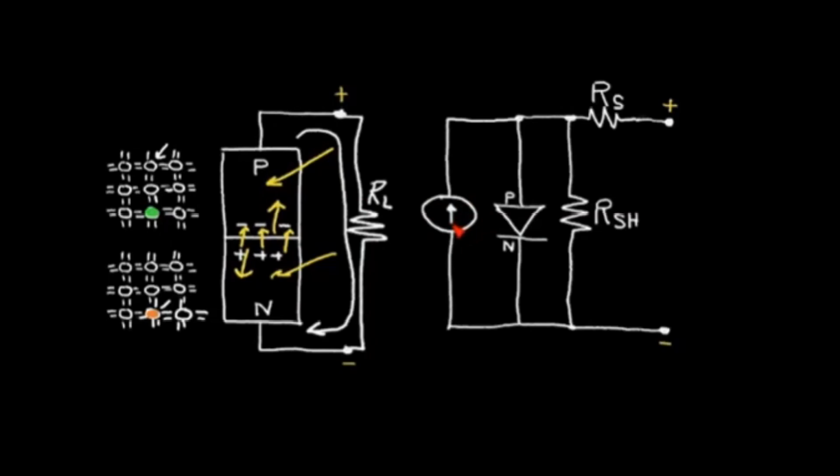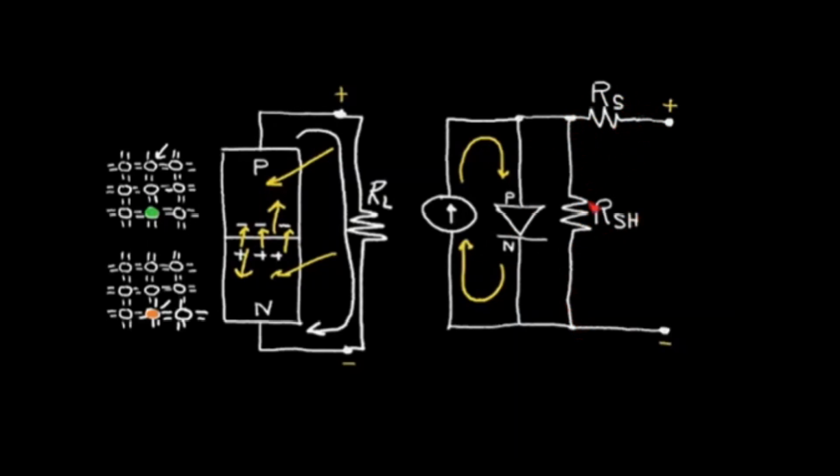And as the light increases, more and more current flows into this path. Now we have some parasitic resistors. We have R sub S, which is a series resistance, and we have R sub SH, which is a shunt resistance across the diode.